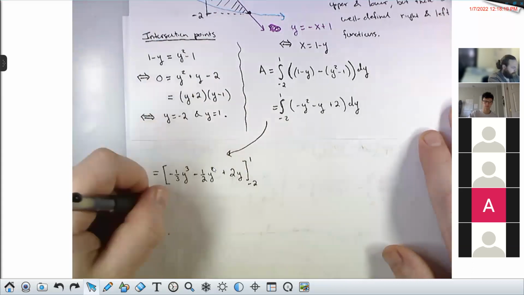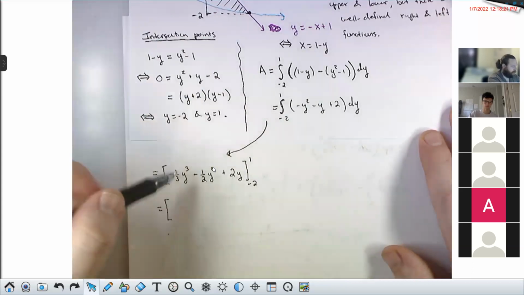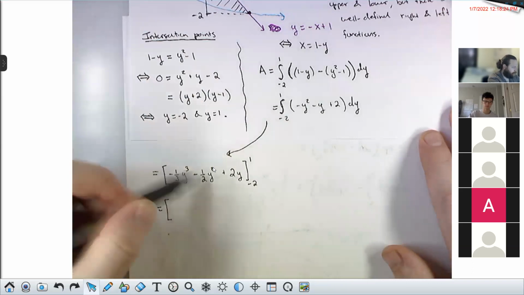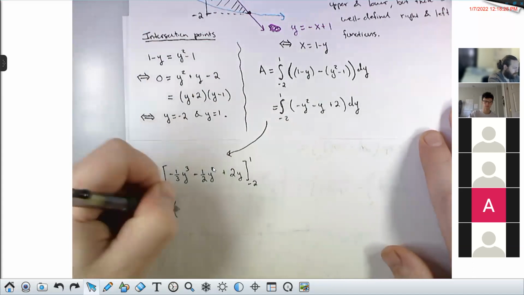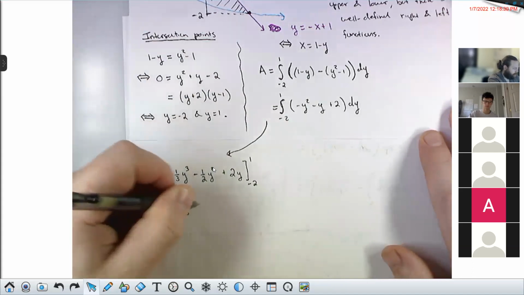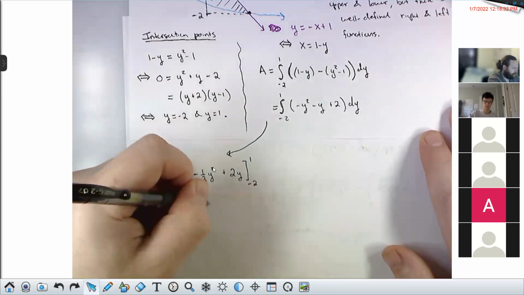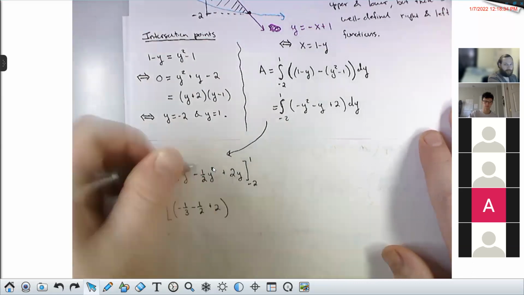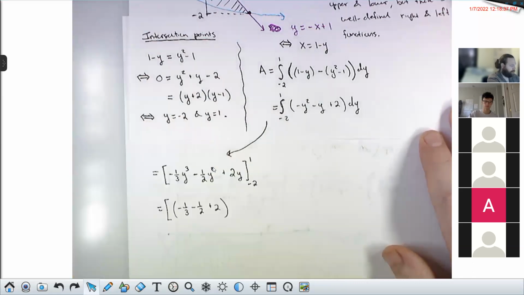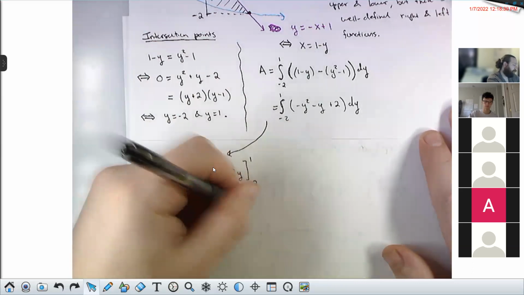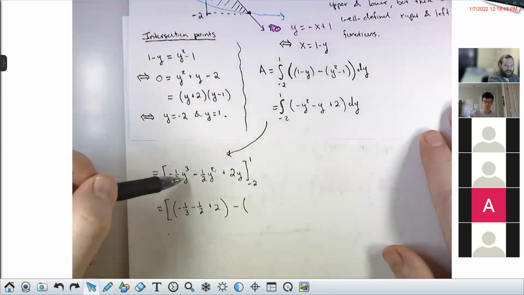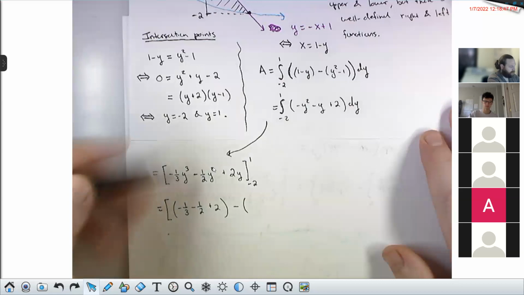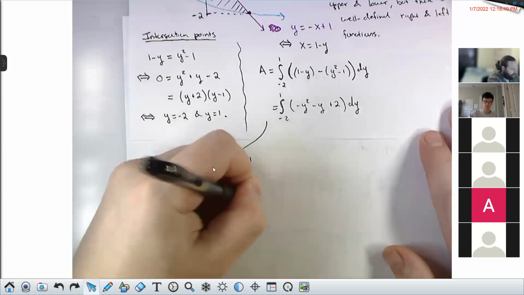If I plug in the upper bound, 1, I'll get negative 1/3 times 1 cubed minus 1/2 times 1 squared plus 2 times 1. That's negative 1/3 minus 1/2 plus 2. And then I'm going to subtract off what I get when I plug in negative 2. Negative 2 cubed is negative 8. Negative 1/3 times negative 8 is positive 8/3.